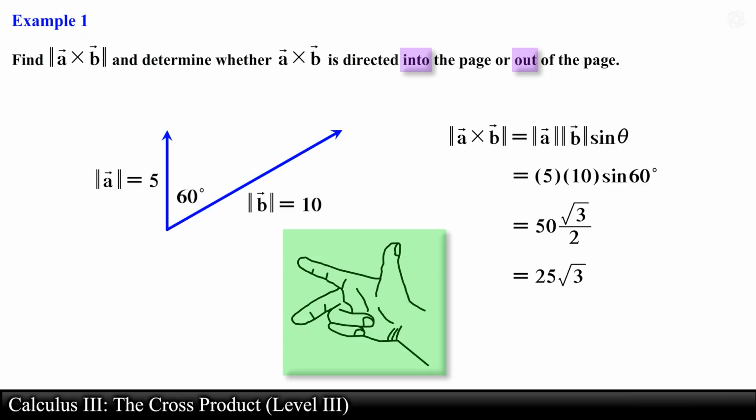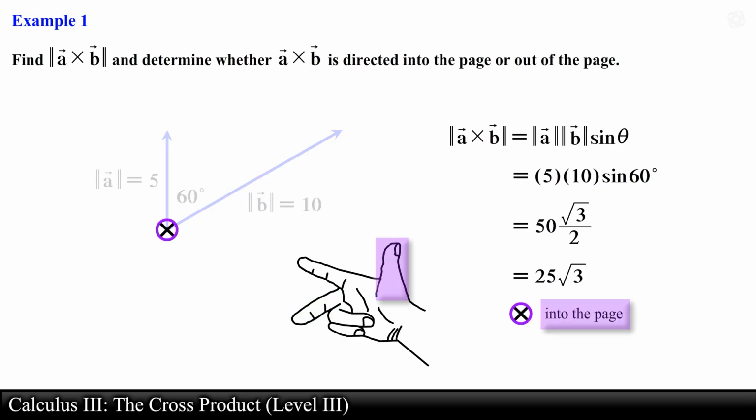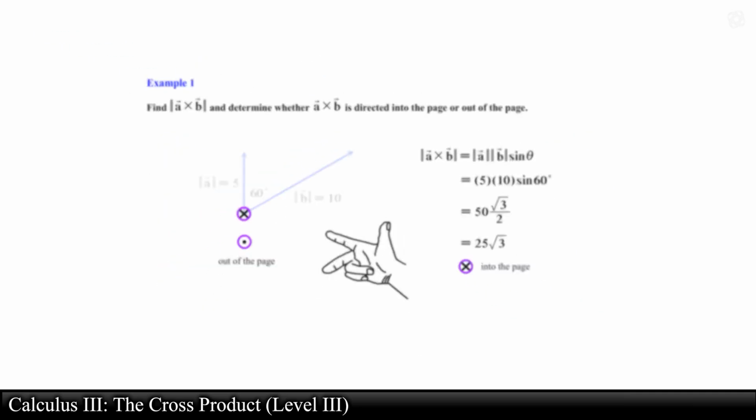Using the right-hand rule, we place our fingers in the direction of vector A so that our palm faces vector B and curl them towards vector B. In this case, our thumb will be pointing into the page, so we denote this vector with an X. If the vector pointed out of the page, then we denote the vector with a dot. Alright, let's try the next example.